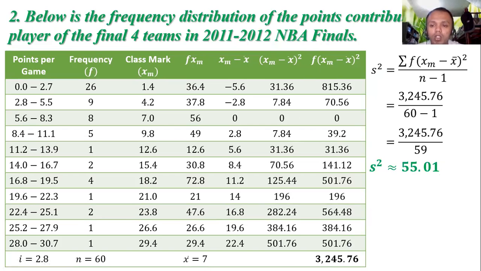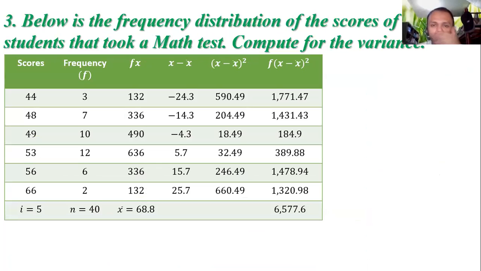Okay? Next, number 3. Below is the frequency distribution of the scores of students that took a math test. Compute for the variance here. Now again, I already computed for the fx, or the product of the frequency and scores, the deviation, the square deviation, and the product of frequency and deviation together with the summation.